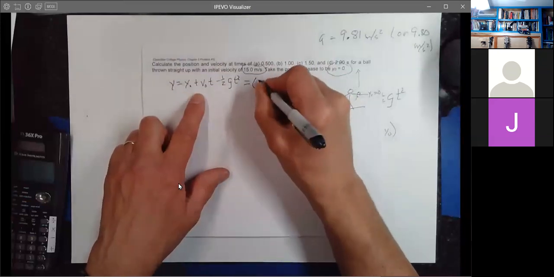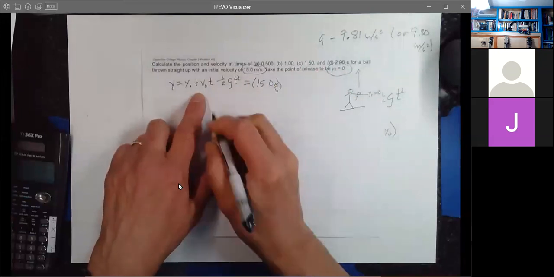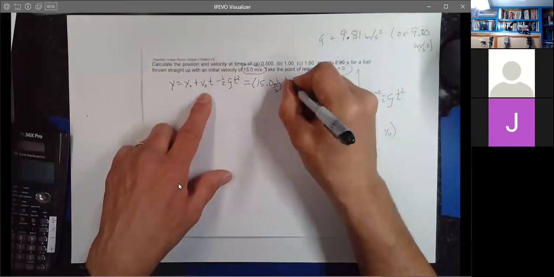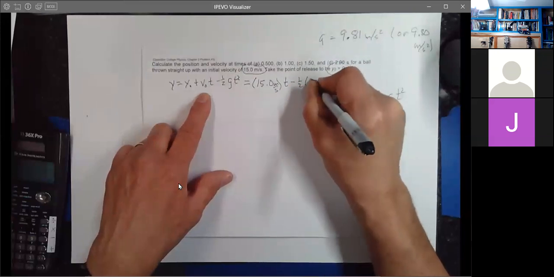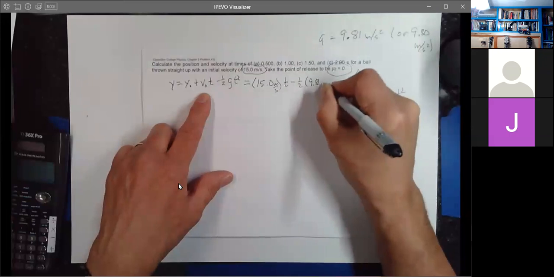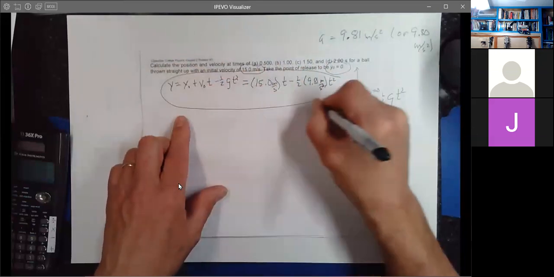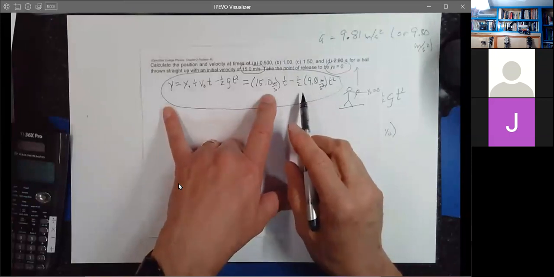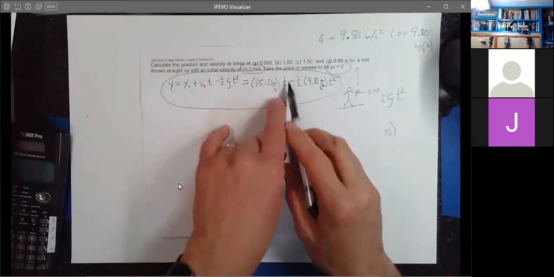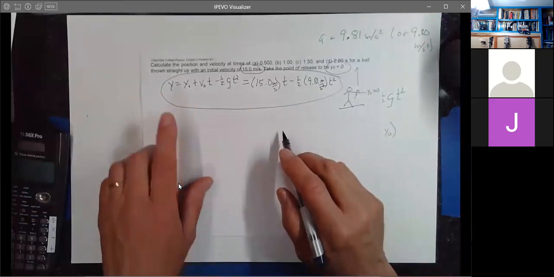It will become 15.0 meters per second, that's v naught, times t minus 1/2 times 9.81 meters per second squared times t squared. And so this is the equation that describes where it is as a function of time. And I just have to take these times and plug them into this equation, and it'll tell me where it is.